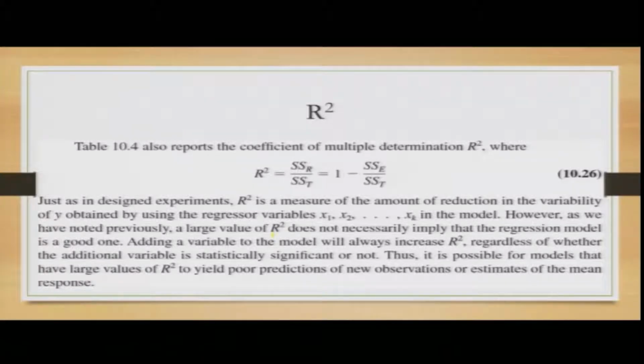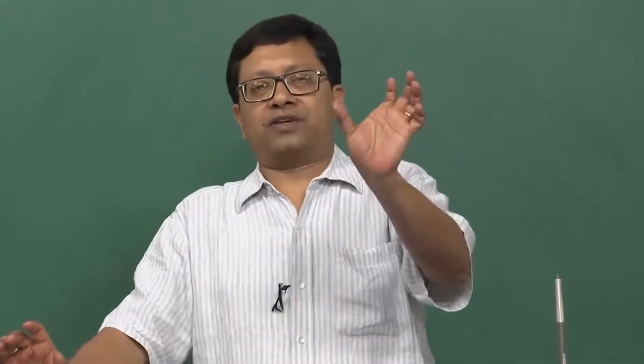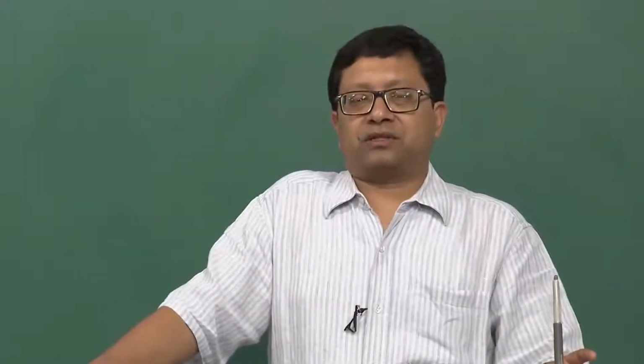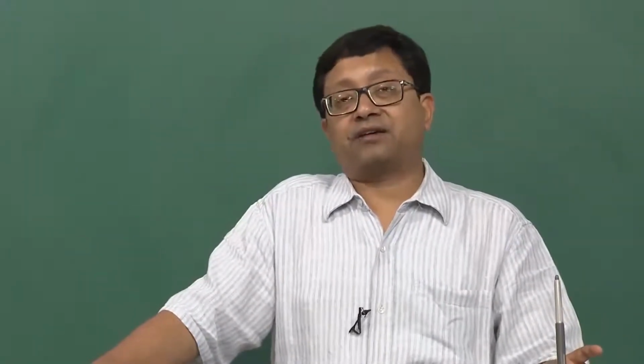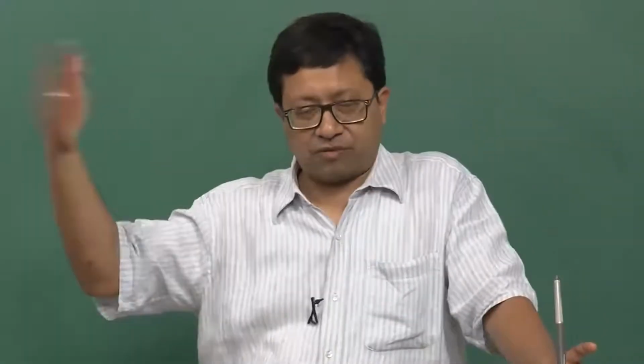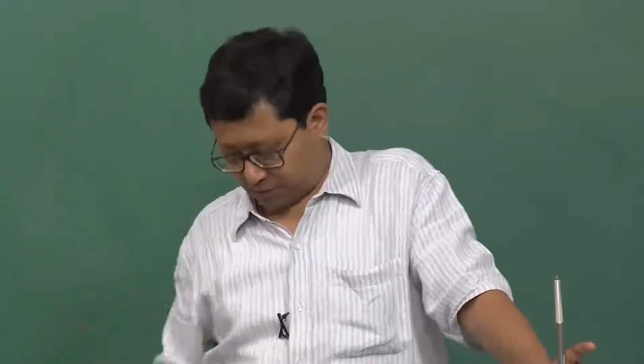Thus, it is possible for models that have large R square values to yield poor predictions of new observations or estimates of the mean values, as we proceed to the nth plus 1 prediction, nth plus 2 predictions, and so on. So, basically we should take the minimum number of x's to predict the maximum, and have a value of R square that gives us prediction errors as small as possible for the nth plus 1, nth plus 2, nth plus 3 data.